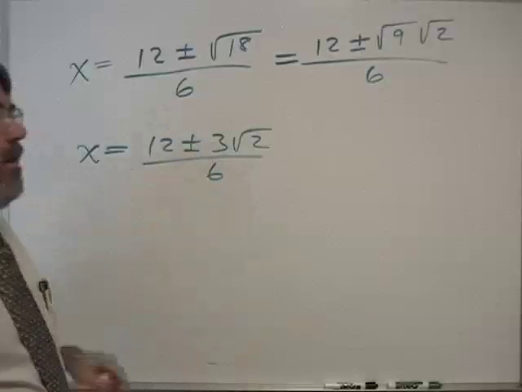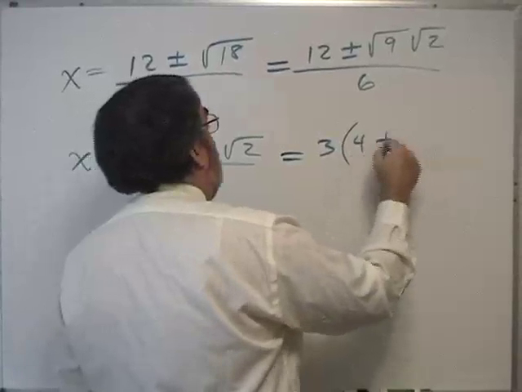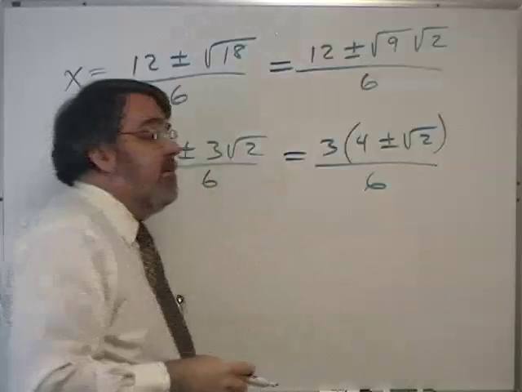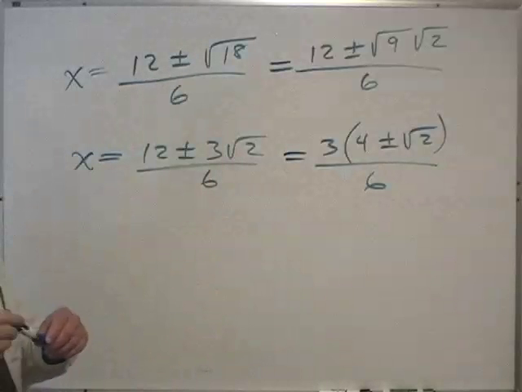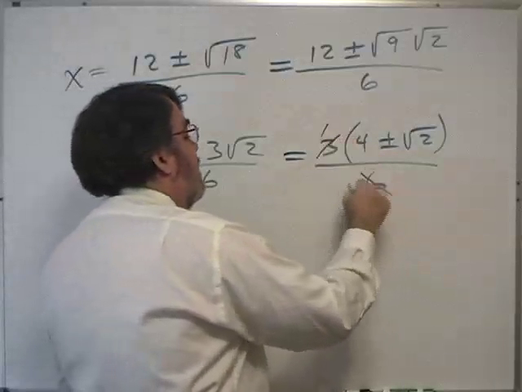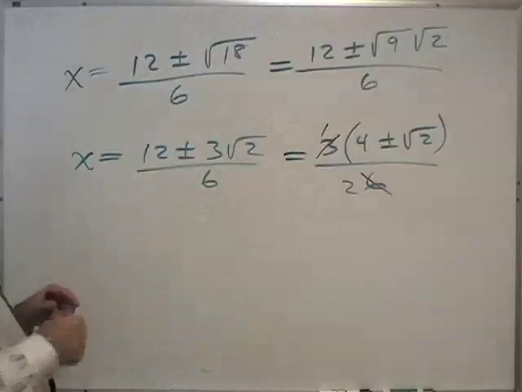So we can factor a 3 out. This equals 3 times (4 plus or minus the square root of 2), over 6. And now you see that this factor of 3 cancels that factor of 6.